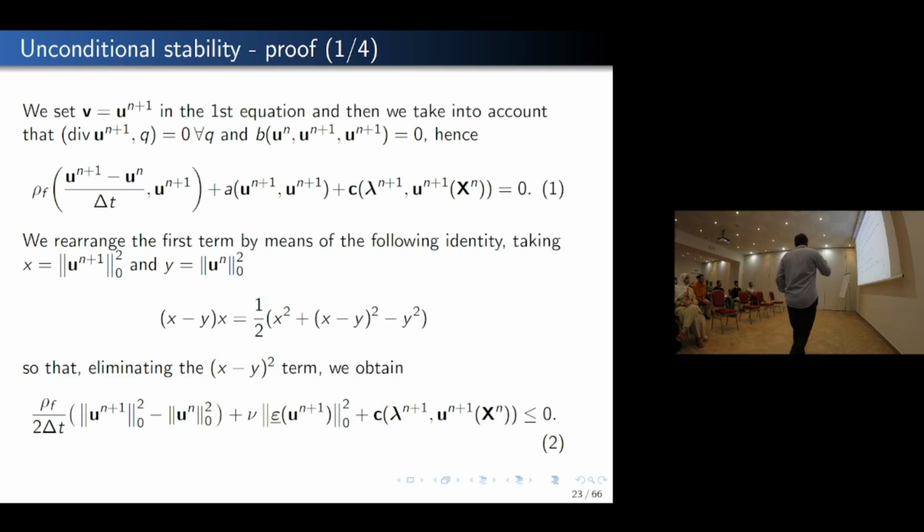It's easy to see: you have something equal to 0, you are more apart. And so this is equation 2, that is related only to the fluid part.